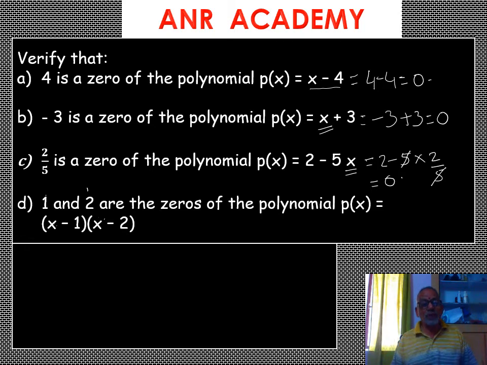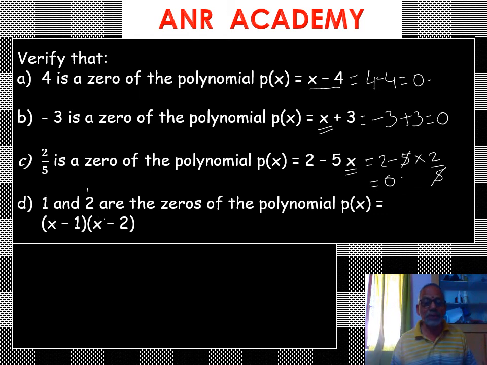So first of all let us replace x by 1. When we replace 1 here, 1 minus 1, this factor becomes 0. 0 into anything becomes 0.